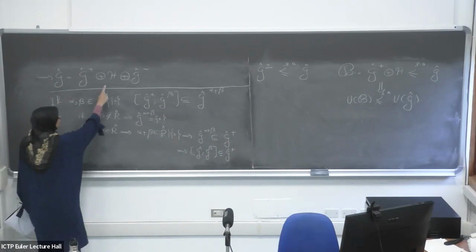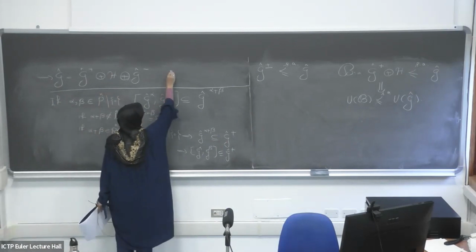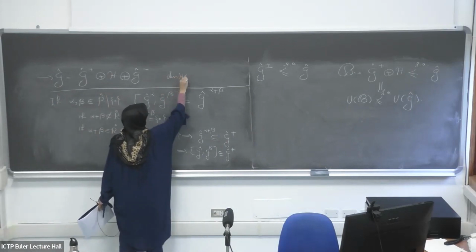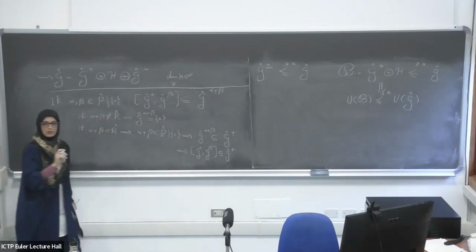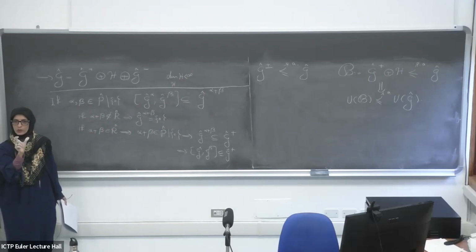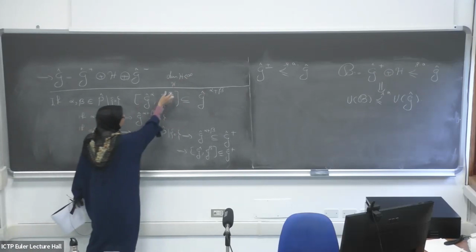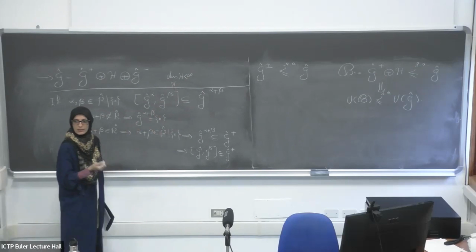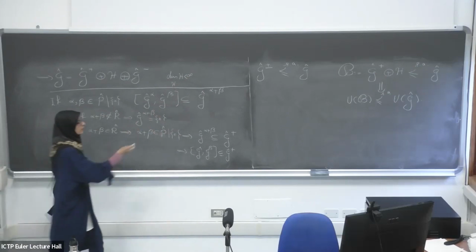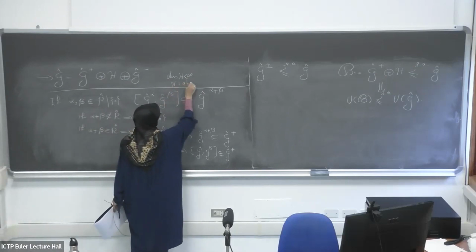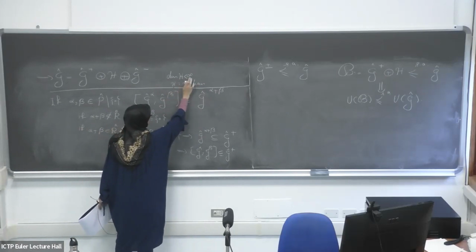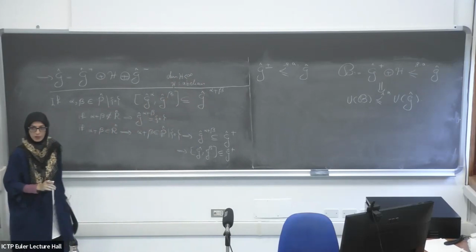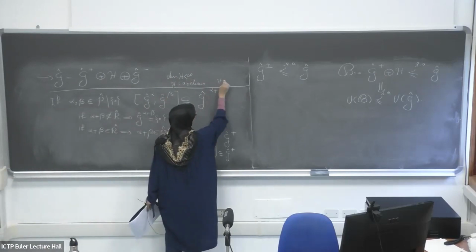Look at this H. The dimension of H is finite, and H, you remember, contains diagonal matrices. So the bracket of two elements of H is 0. It means that H is abelian. H is an abelian finite dimensional Lie algebra. You remember, H is just a subalgebra of G0.